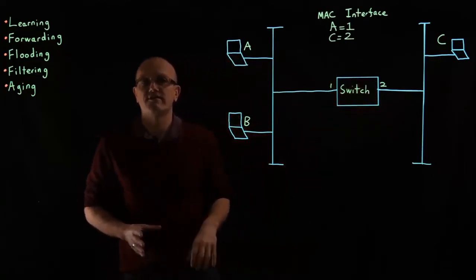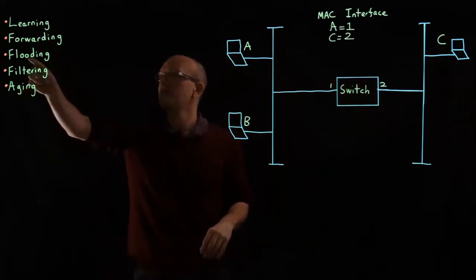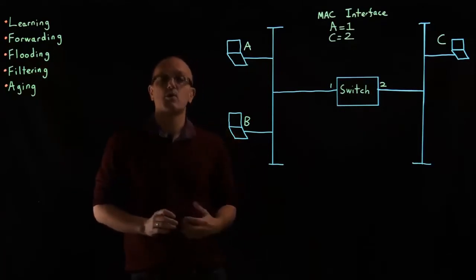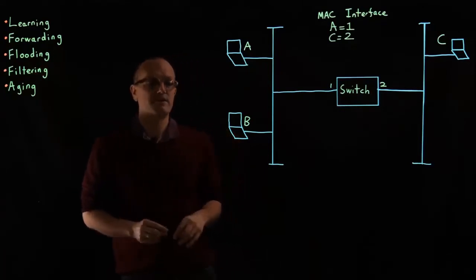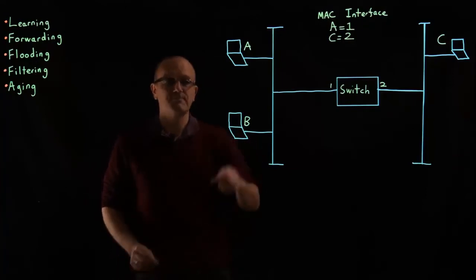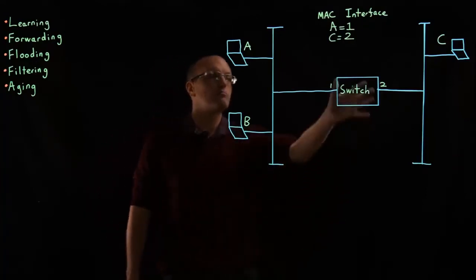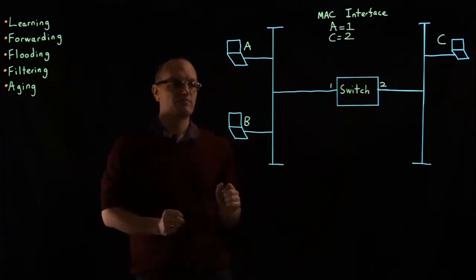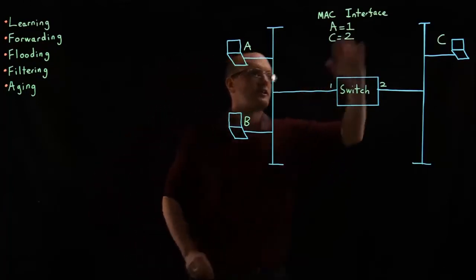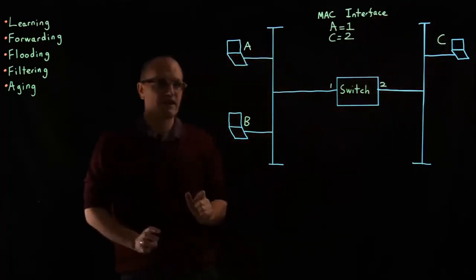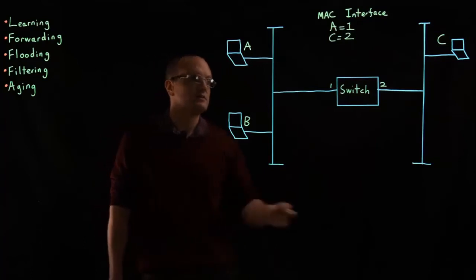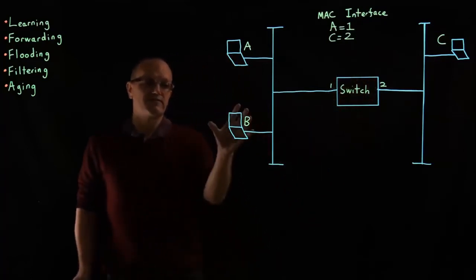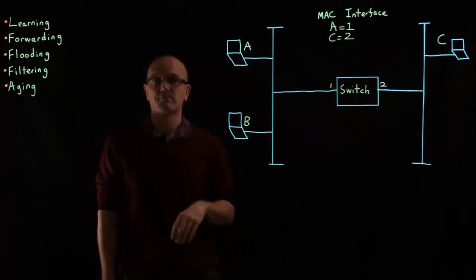What the switch then does is it uses the flooding functionality. What this means is that this frame, destined for MAC address B, is sent out of all ports on this switch, apart from the one that initially received that frame. And this way, this frame arrives at host B.